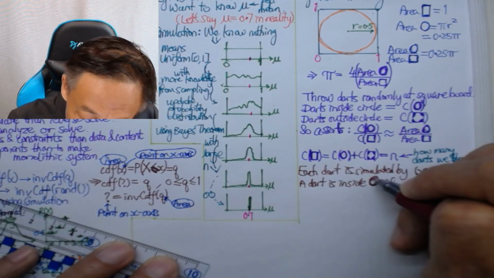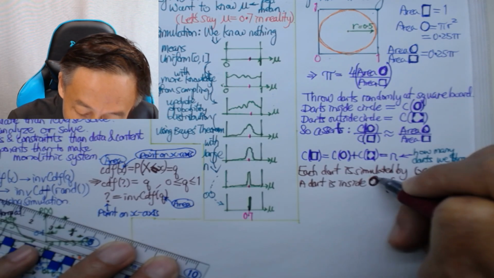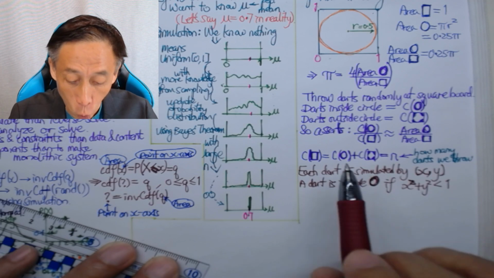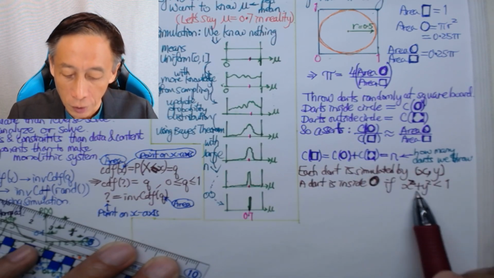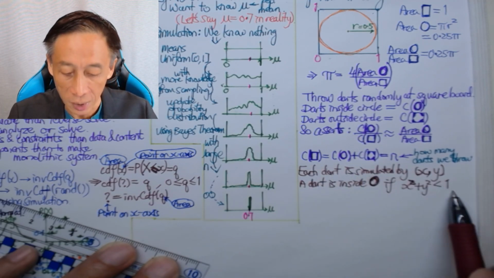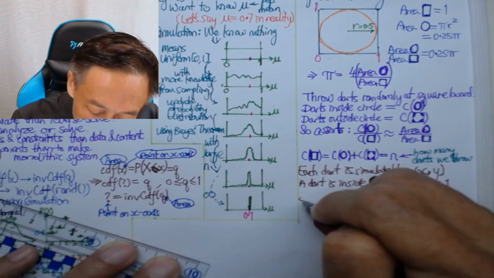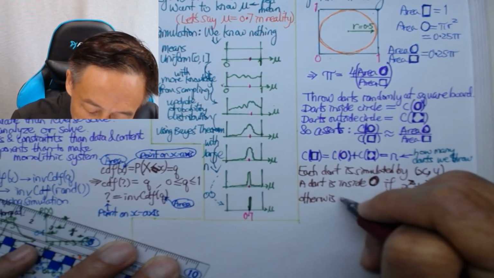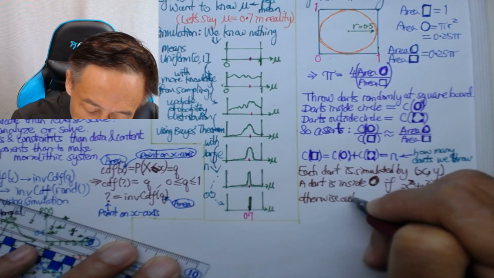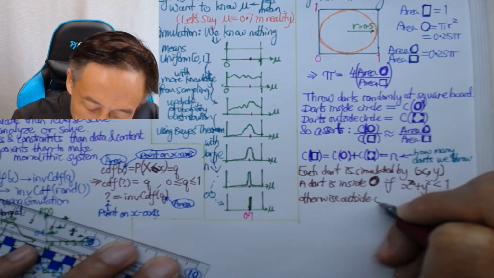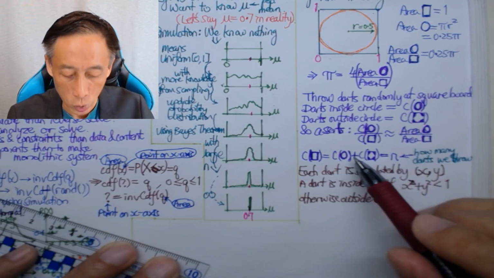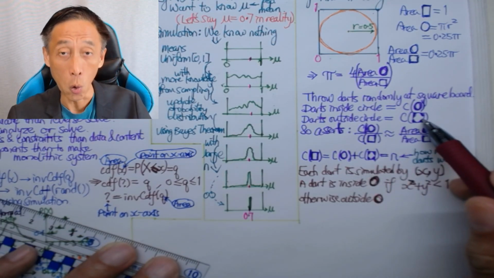So programmatically, the dot is inside the circle and therefore goes into the count of the circle if the coordinates satisfy this, right? Otherwise, it is outside the circle but inside the square. That means it will go into the count of the corners.